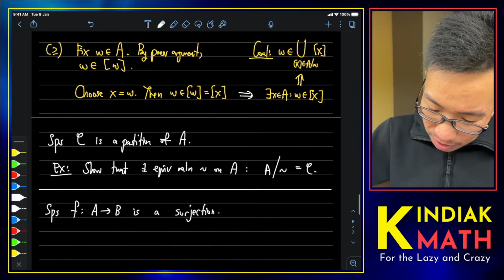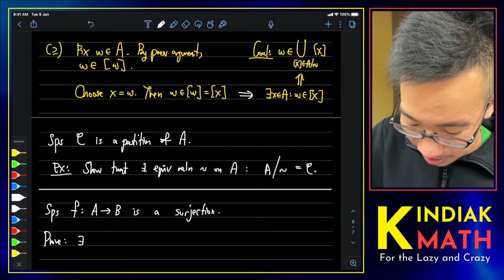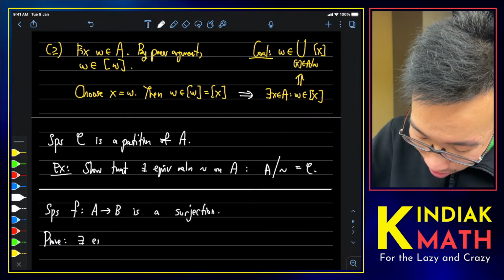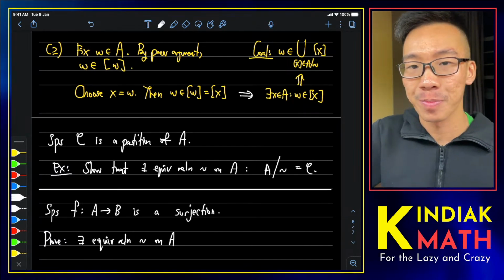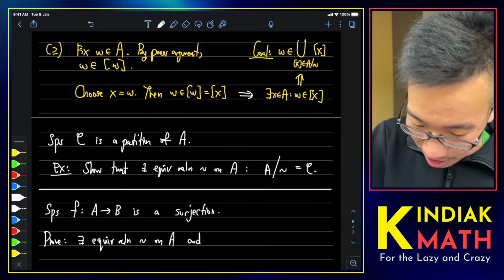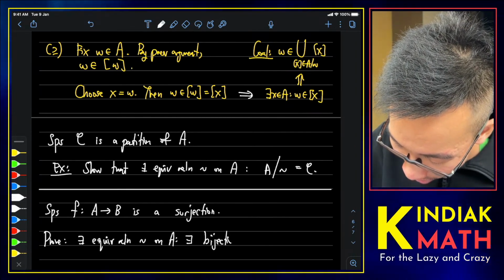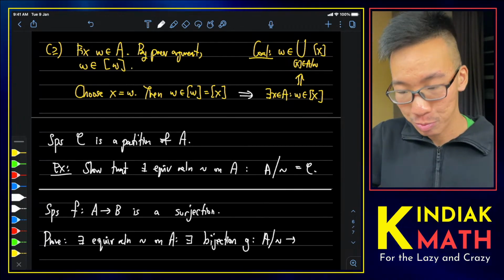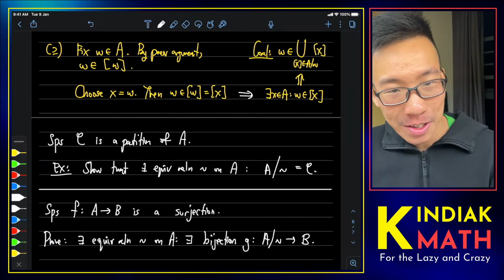Prove that there exists a partition, or there exists an equivalence relation on A, with the property that you can find a bijection G from A quotient D tilde to B. So that's just a little exercise you can try.